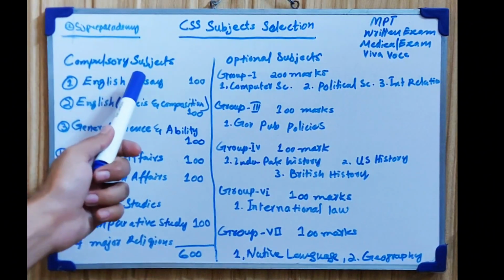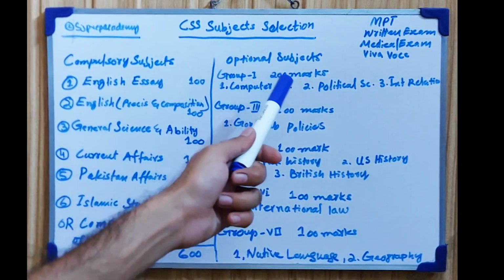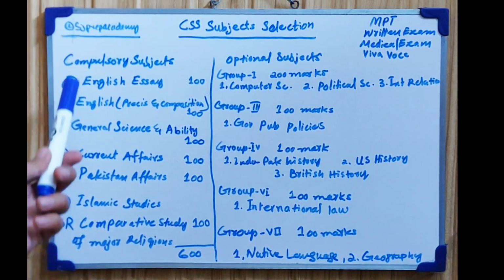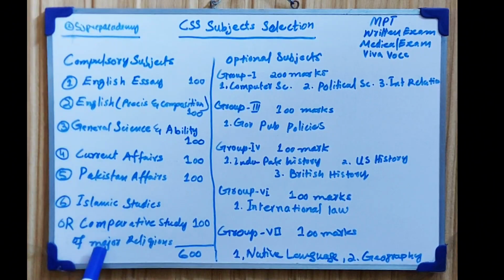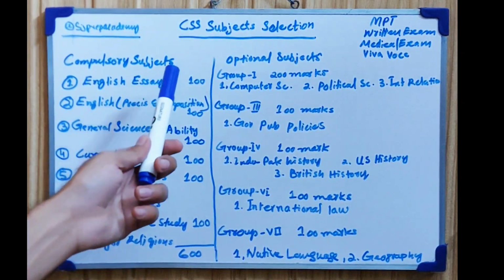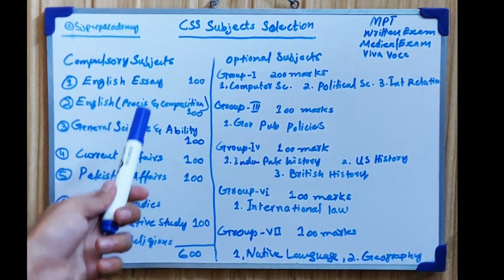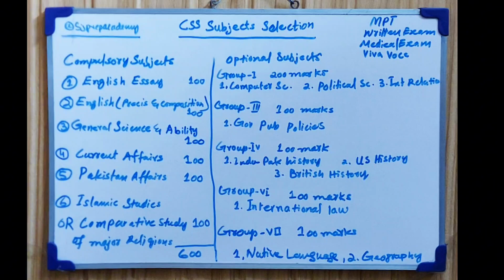The first group is the compulsory group, and the other is the optional group. In the compulsory group, the subjects are given by the Federal Public Service. Every student has to pass these subjects and acquire at least 40 marks in each subject, and each subject carries 100 marks. In the optional group, there are two kinds.